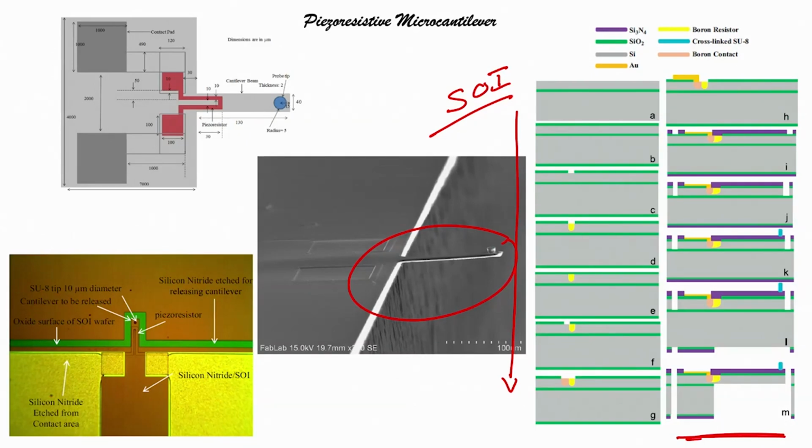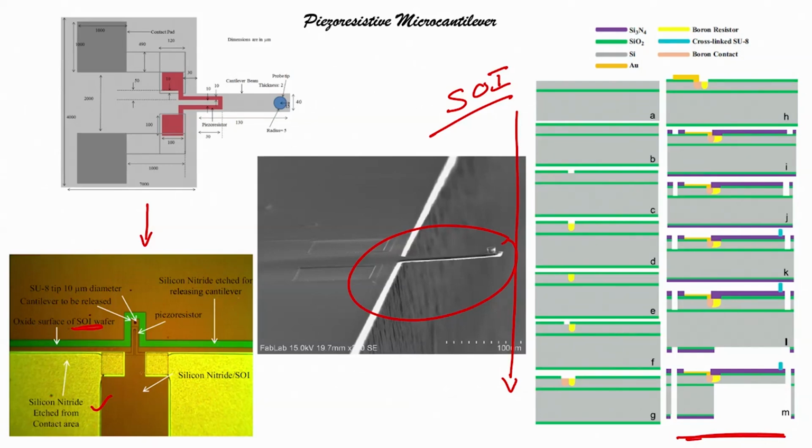Before we go to the next slide, let us see this particular diagram, which is on the left bottom. You can see that there is a SU8 tip cantilever to be released. You can see this is not released right now. You can see the oxide surface of SOI wafer, right. Then there is a silicon nitride on SOI. In this particular area, silicon nitride is etched for releasing the cantilever, right.